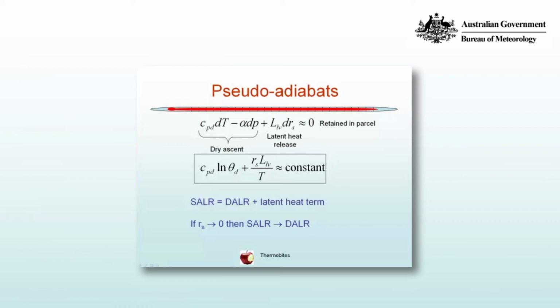That latent heating term depends upon the latent heat, of course, and the temperature at which that's happening, but very much on the actual amount of water vapor that's in the parcel. And so clearly then, if Rs, the saturation mixing ratio, goes to 0, then the saturated adiabatic lapse rate goes to the dry adiabatic lapse rate.